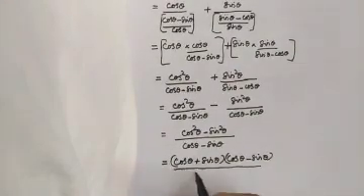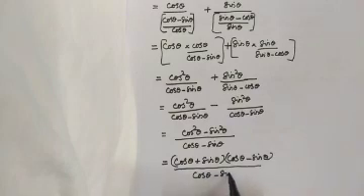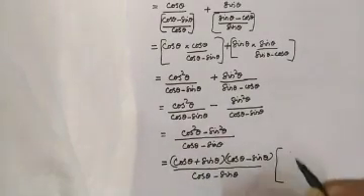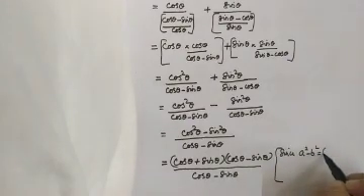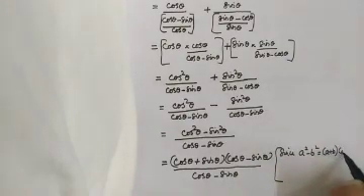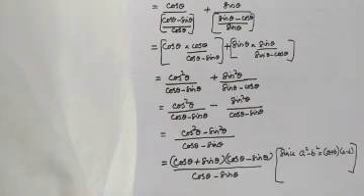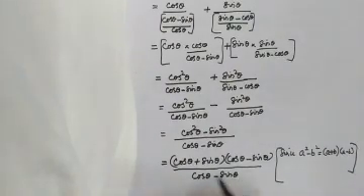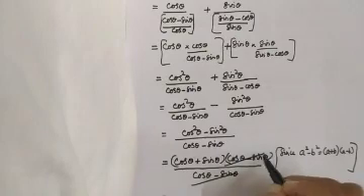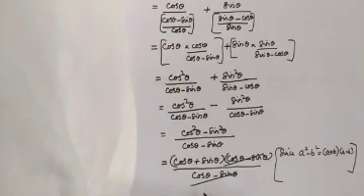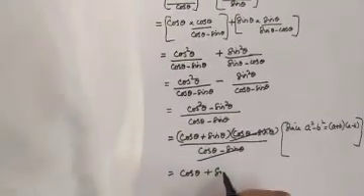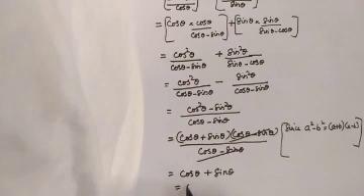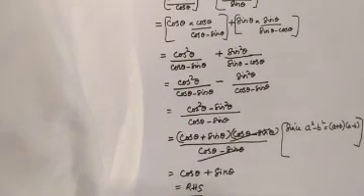Denominator is the same, cos theta minus sin theta. Here you are using the identity since a square minus b squared equal to a plus b into a minus b. Now here cos theta minus sin theta in the denominator and cos theta minus sin theta in the numerator get cancelled. What is remaining? Cos theta plus sin theta, and that is the right hand side.